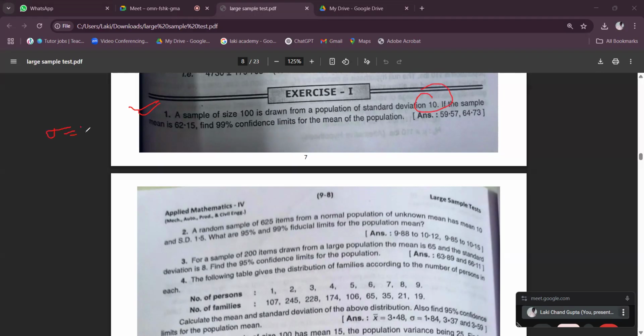Sigma. Alpha will be 1%. Alpha always comes in percentage because this is probability, the chance of making an error, the level of significance, right? If it is not given, I told you what to take: if the confidence level is not given, then always take 95%.